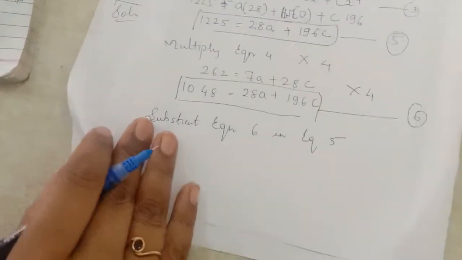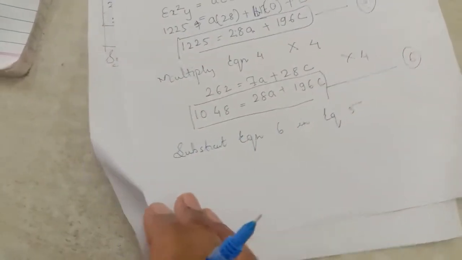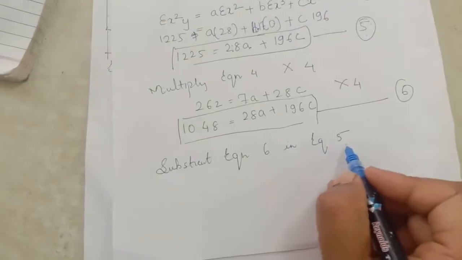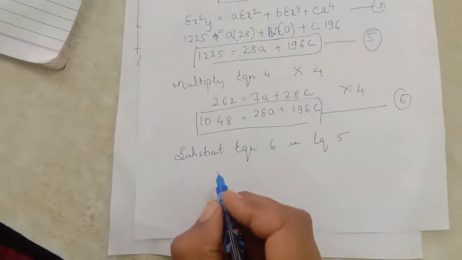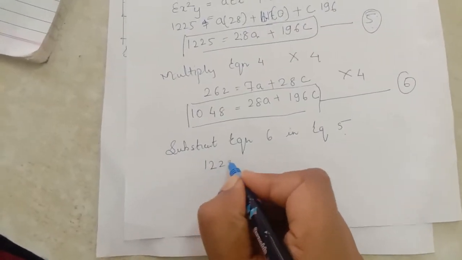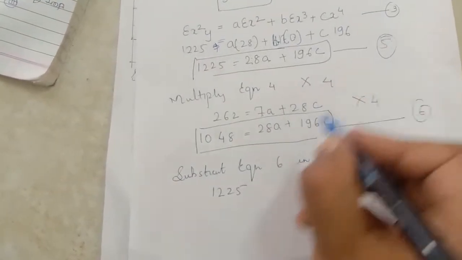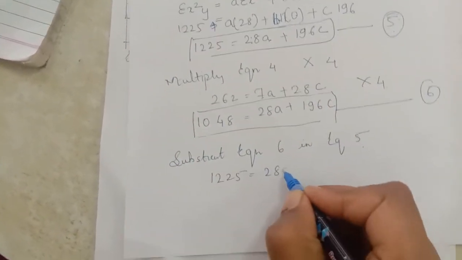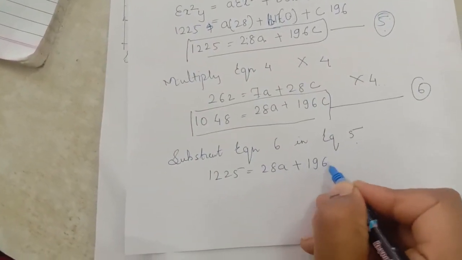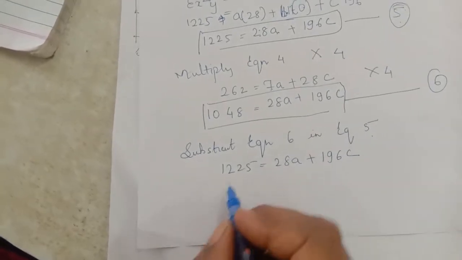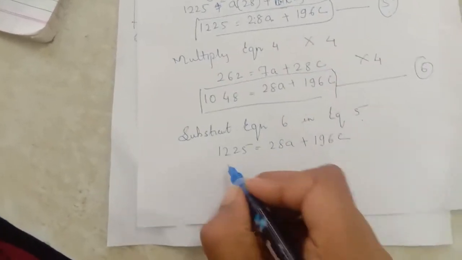For equation 5 take 1225 is equal to 28a plus 196c. From equation 5 you have to subtract equation 6.